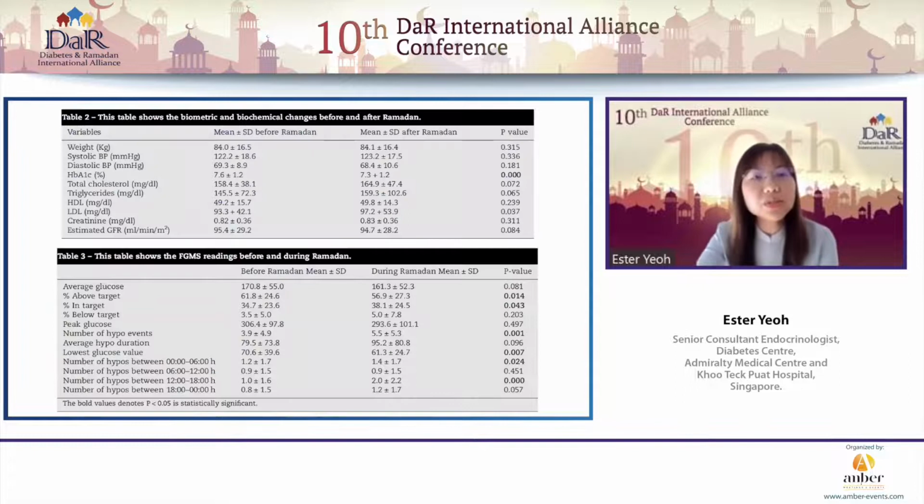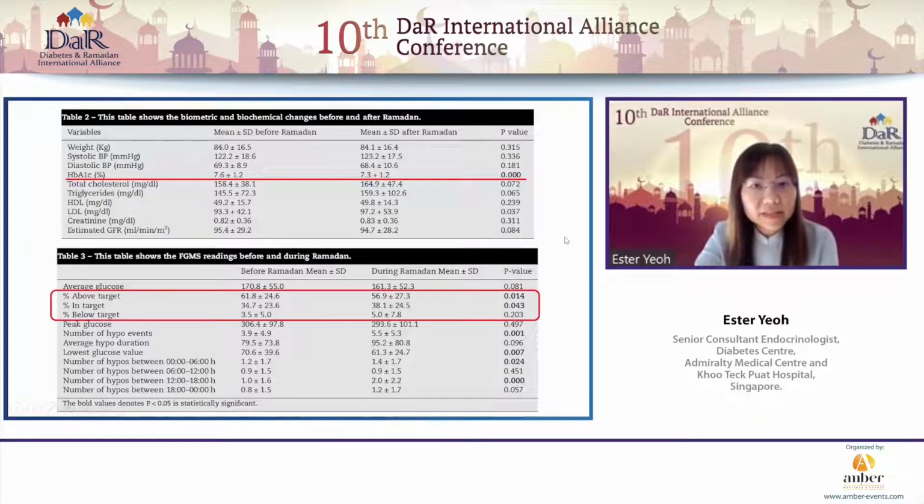This study showed an improvement in HbA1c after Ramadan of 0.3%. More importantly, in the flash glucose monitoring readings, the percentage time in range improved significantly with a corresponding reduced percentage time above range.